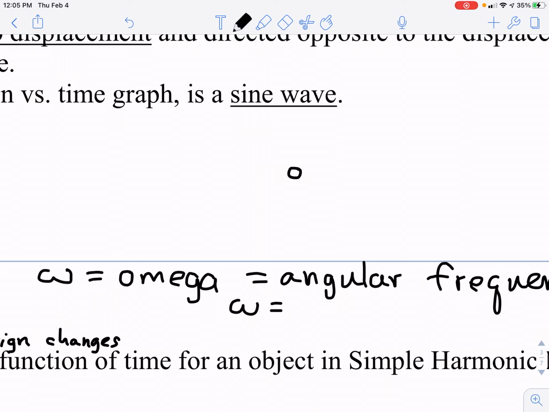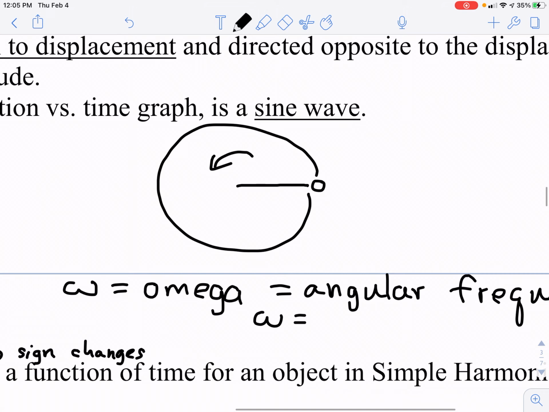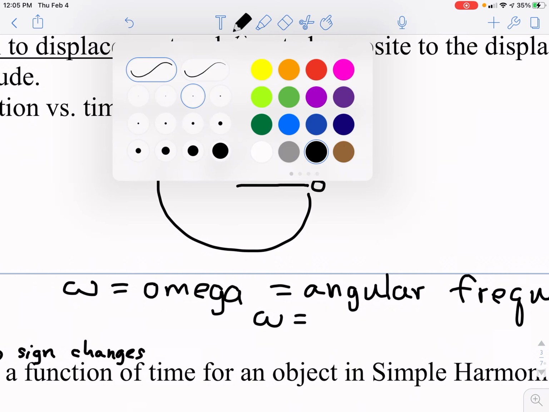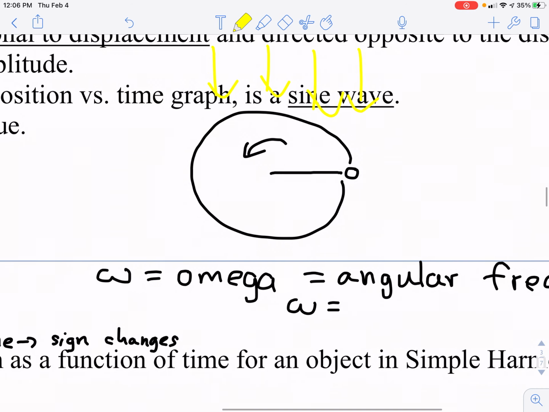So if I were to, let's say, have an object attached to a rope, and that object were to be making a vertical circle like this, and on top of that, we were shining a light right on top of that whole thing, what would we notice?